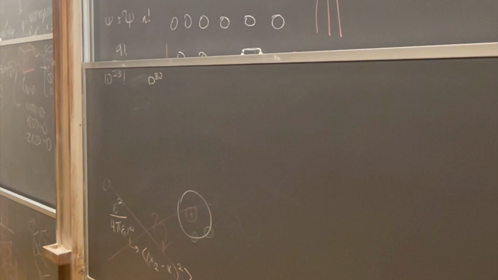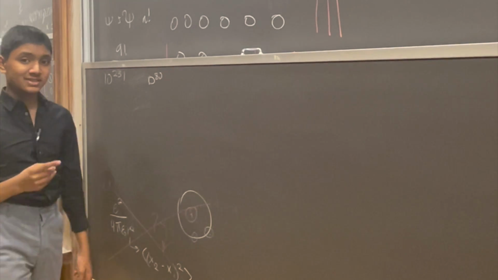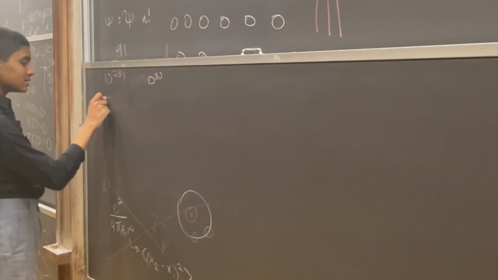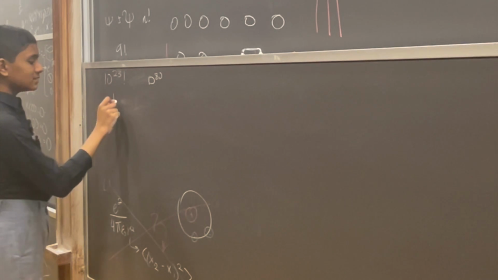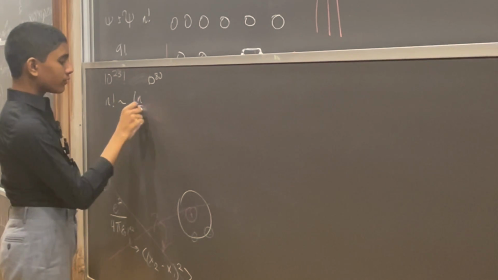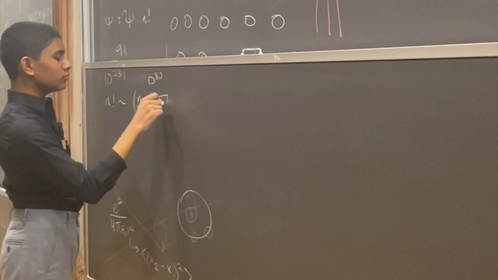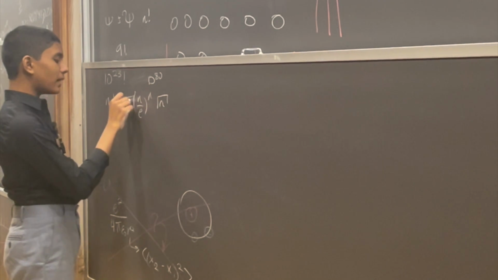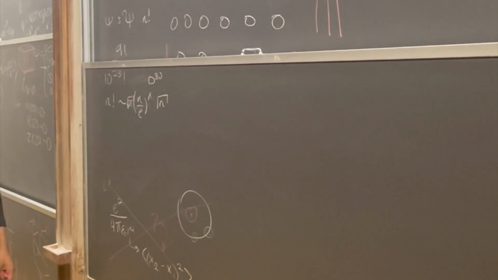Lucky for us, there's something called the Stirling approximation, which gives us a pretty good idea of how big a factorial is. N factorial is approximately equal to n over e to the n times the square root of n times a constant found by Stirling himself, which is why he gets the credit, to be 2 pi.